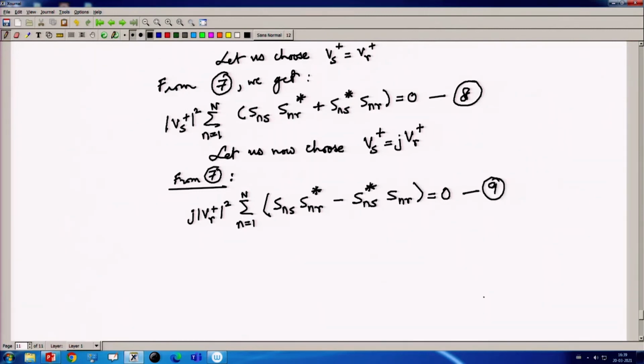So, because neither of these two quantities V s plus or V r plus is 0, the only way both these equations can be satisfied is given by the following condition.